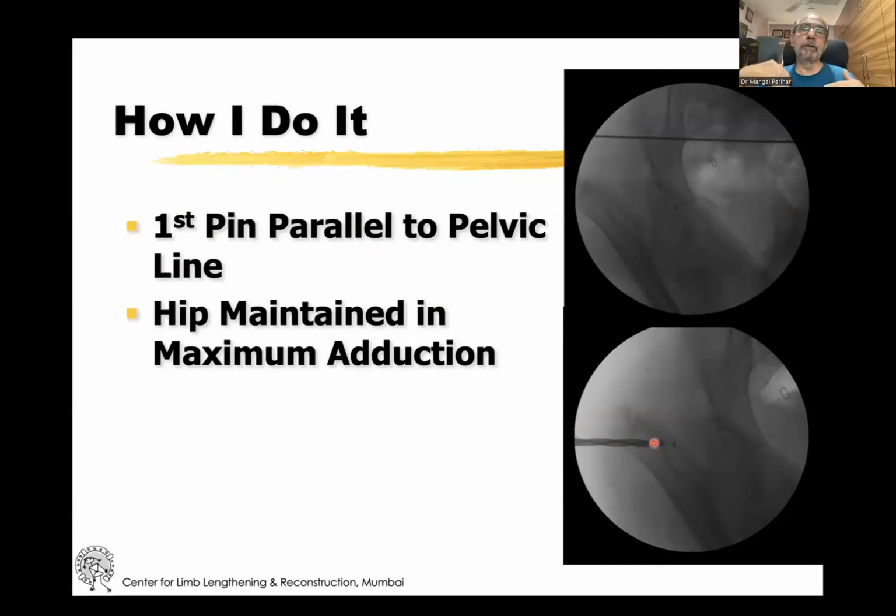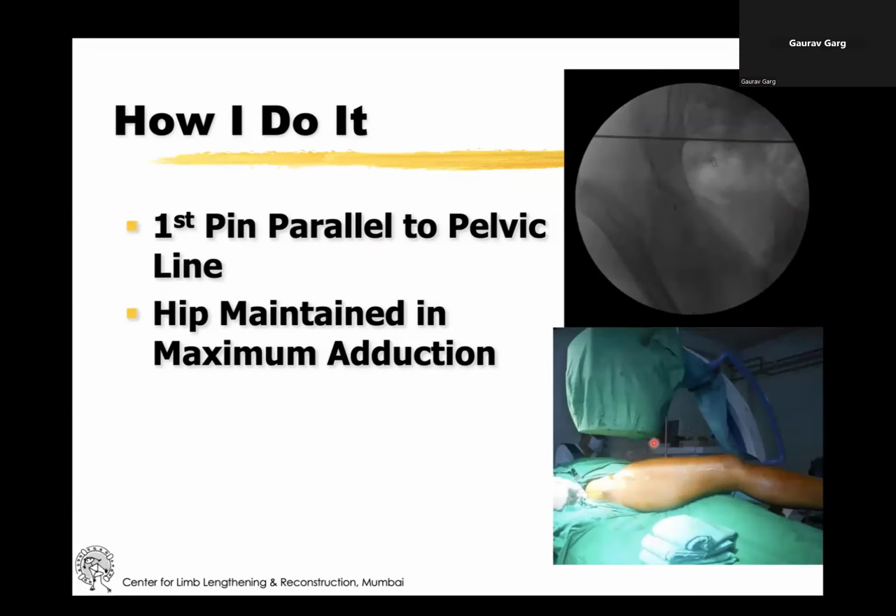Therefore, if you think about the future, once the leg is straight, this pin is going to be parallel to the pelvis and going to be parallel to the ground. When you look at it from the side or end on, this drill bit or pin is parallel to the ground while the leg is in maximum adduction.